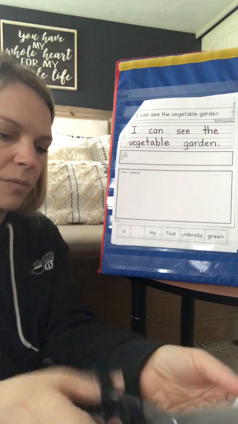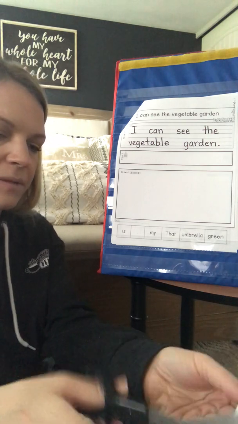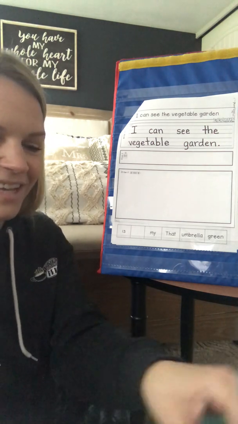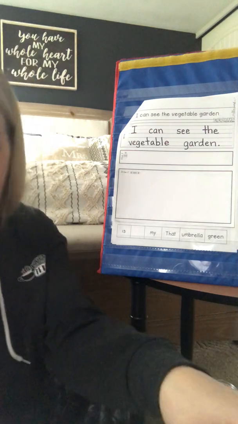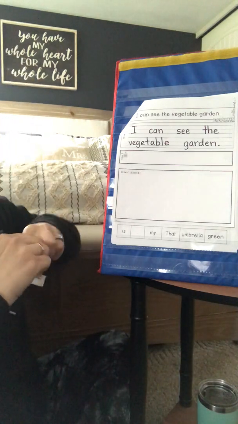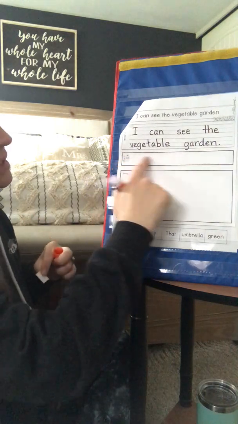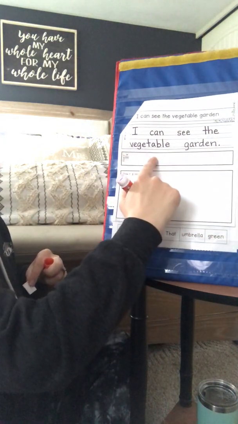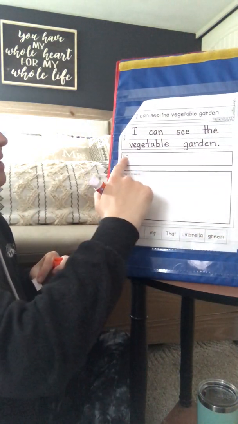Who can tell me what word we need to glue up first? Good. I, right? I. So I'm going to find my I, and I know I have to make the whole sentence fit in this box. So am I going to start over here in the middle? No, you want to start all the way in the end.